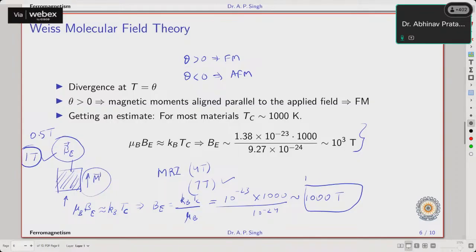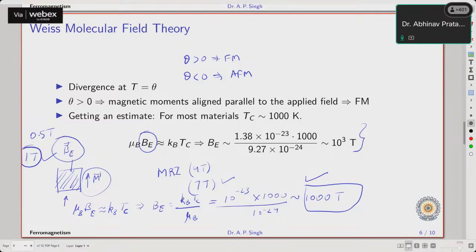And here we are talking about 1000 Tesla, which is like 100 times greater than the magnetic field that you might find in most sophisticated equipments. So therefore, this internal field is a very strong magnetic field. Okay, so just keep that in mind.